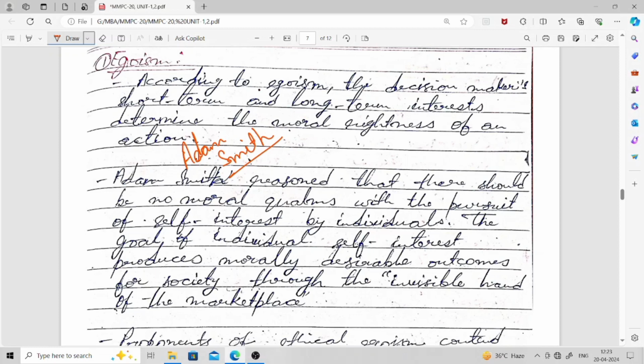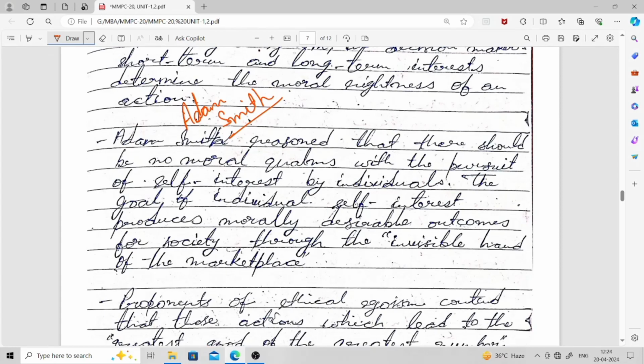Each person in the marketplace is motivated to do something for their own self-interest, and that results in a morally desirable outcome for society. That's what Adam Smith said.